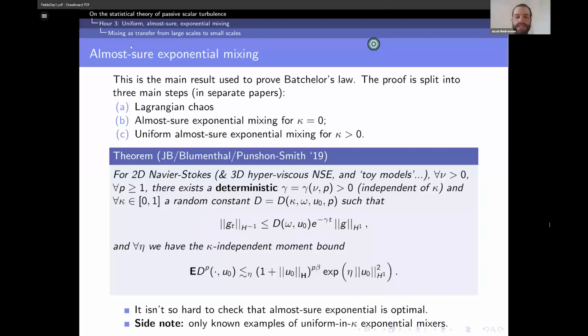All right, so what it says is that for all nu, there's going to be this parameter p floating around. Let's forget about p for a second. Just think of p equal to 2 for a second. Then there's a deterministic gamma, which does not depend on kappa. So this theorem is about this with the kappa.